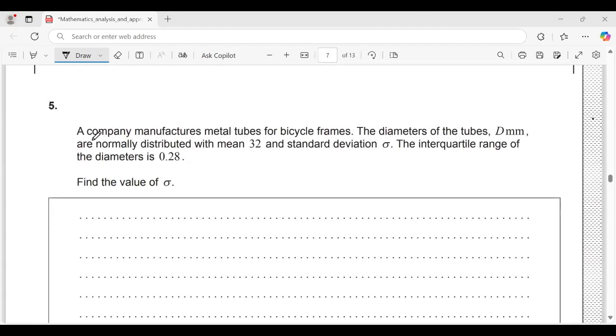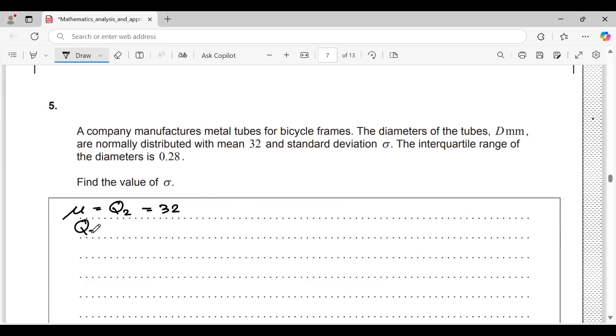Now 5. A company manufactures metal tubes for bicycle frames. The diameters of the tubes, d millimeters, are normally distributed with mean 32 and standard deviation sigma. The interquartile range of the diameters is 0.28. Find the value of sigma. Right. According to this information, mu or the second quartile is 32.